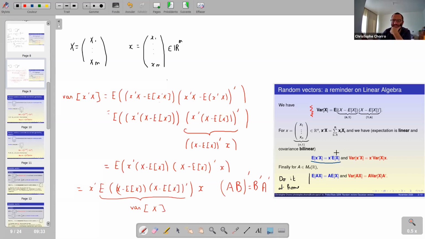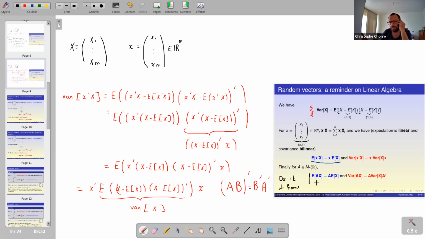I have seen how to compute the expectation and the variance of a linear combination, where I multiply X by a line of size n. I have an analogous result if I multiply X not by a line, but by a matrix of size n.